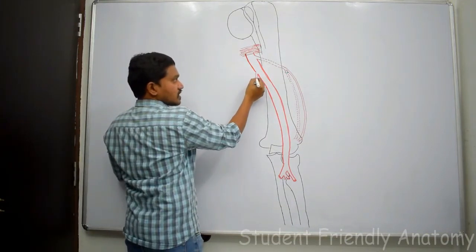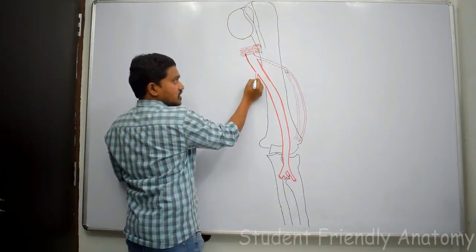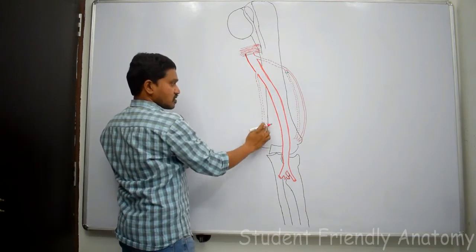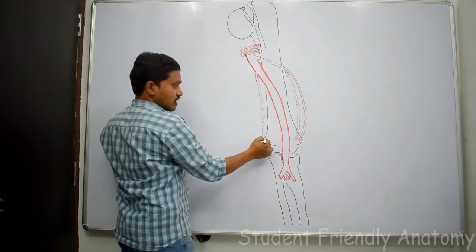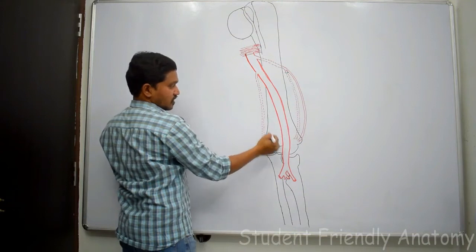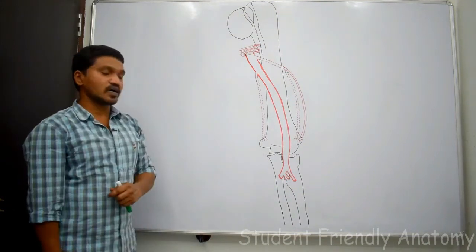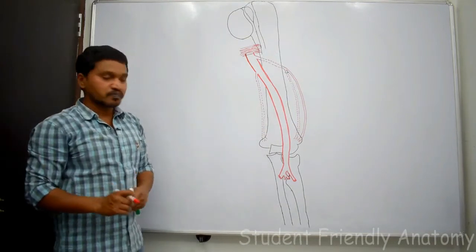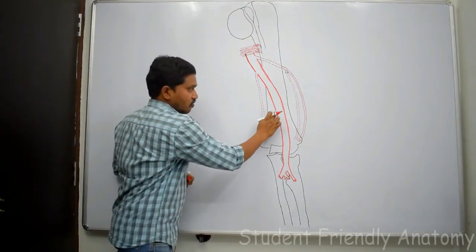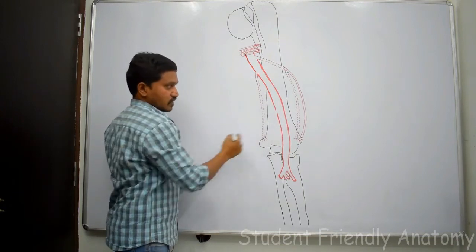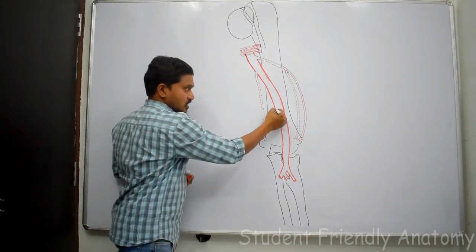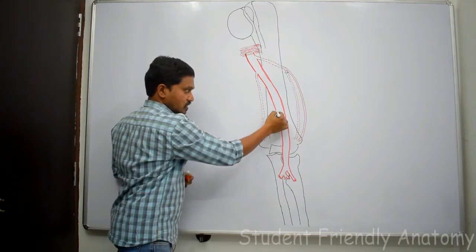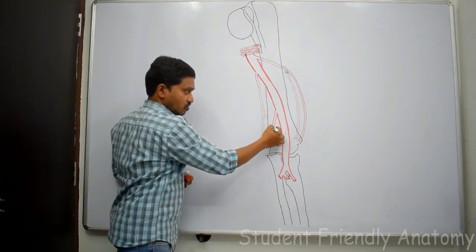This is running posteriorly along with the ulnar nerve. So this is the superior ulnar collateral. Then in the lower part of the arm, there is one branch from the brachial artery. What is this branch? Inferior ulnar collateral.